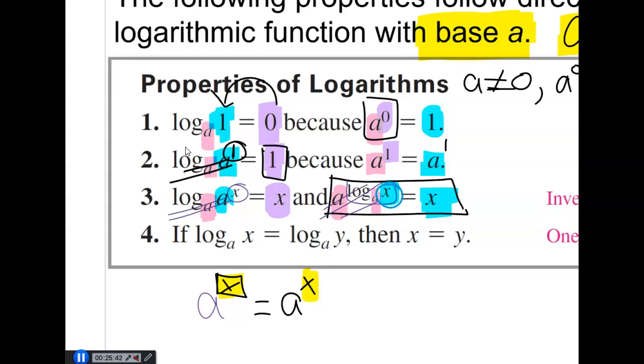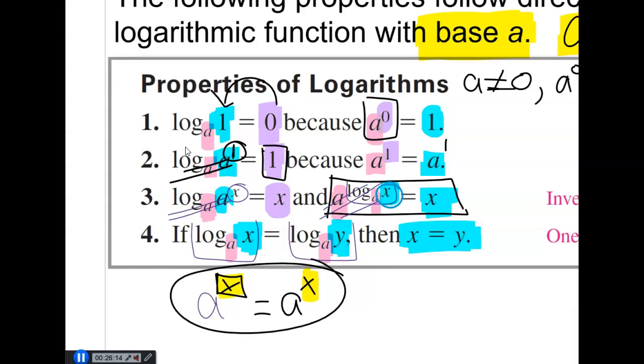Property 4 is another of the one-to-one properties. And so that states that if you have two logarithmic expressions, and you're saying that they're equal to each other, then as long as they have the same base, they must have the same base, then you could say that the arguments are equal. So kind of like what we have here, if I was to make this a 2, then I could say 2 equals x, right?